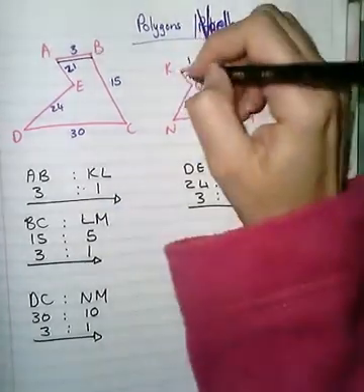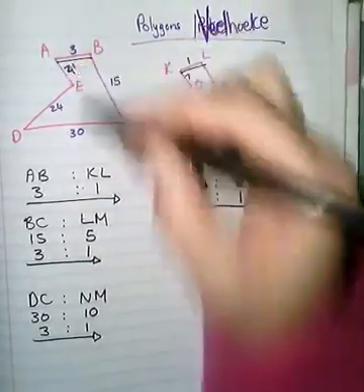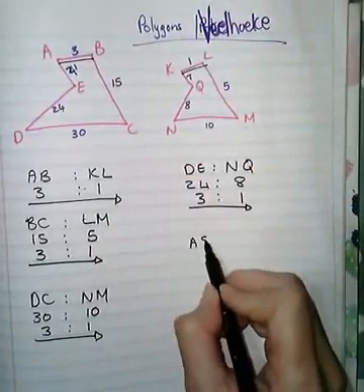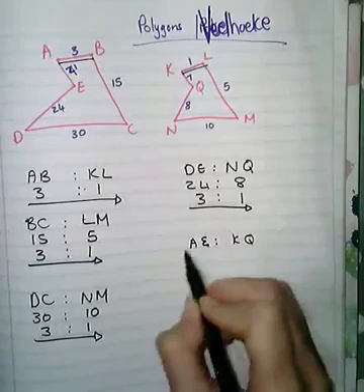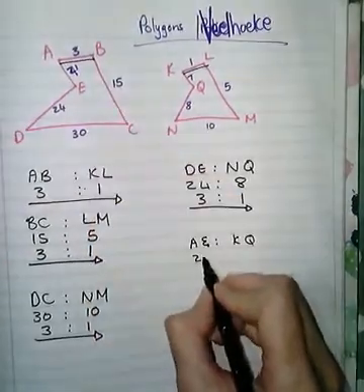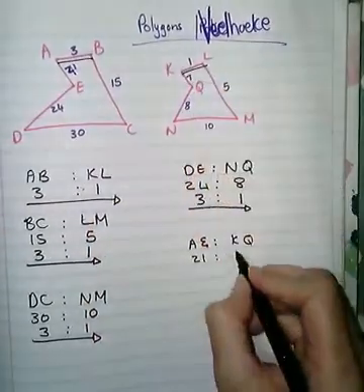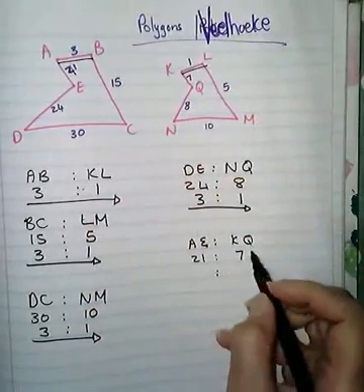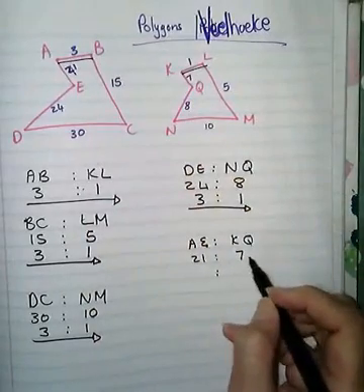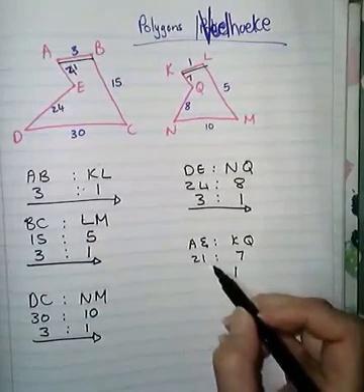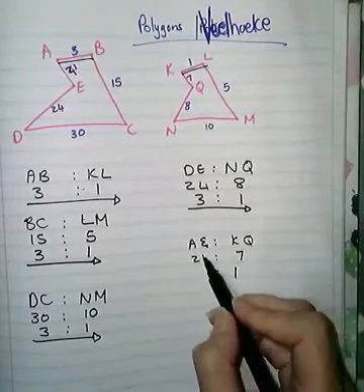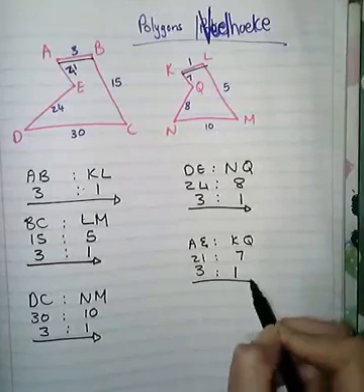If we go to those sides, AE compared to KQ, AE is 21 units long, KQ is 7 units long. To get the simplest ratio, we divide by 7 there to give us 1, om die eenvoudigste verhouding te kry. So ons deel daai kant met 7, deel ons hierdie kant met 7, dan kry ons 3, wat vir ons die eenvoudigste verhouding van 3 tot 1 gee.